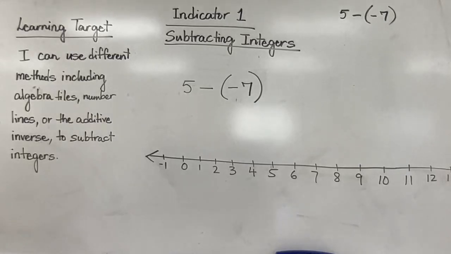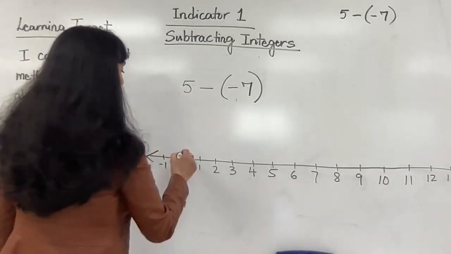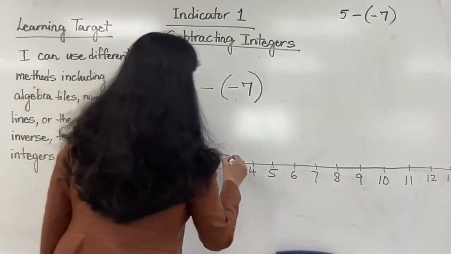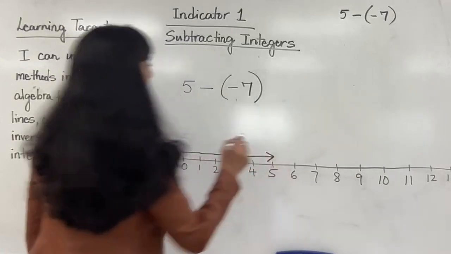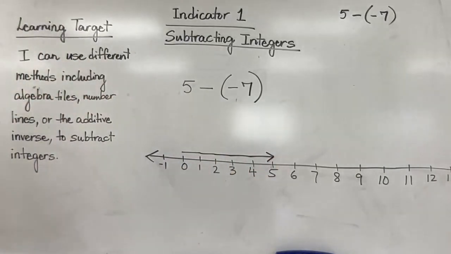We are going to move 5 units to model the integer 5. So start here, 1, 2, 3, 4, 5. And then we're going to move 7 units to model subtracting -7, which is the same as adding the additive inverse.